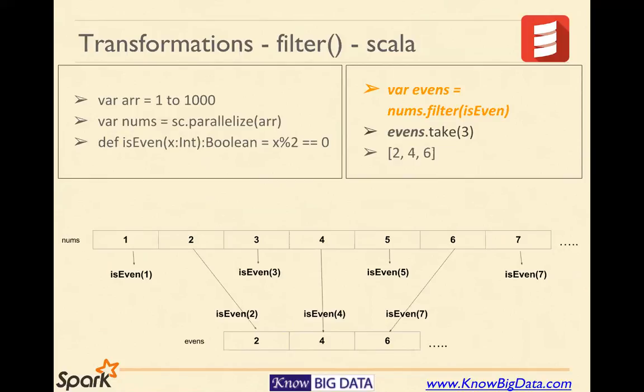So the driver could always talk to a particular node and say, can you give me the first 10 records? As we move forward, it's a very deep question, and you will understand this as we move forward.